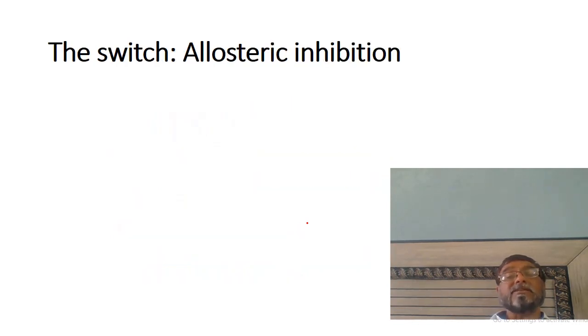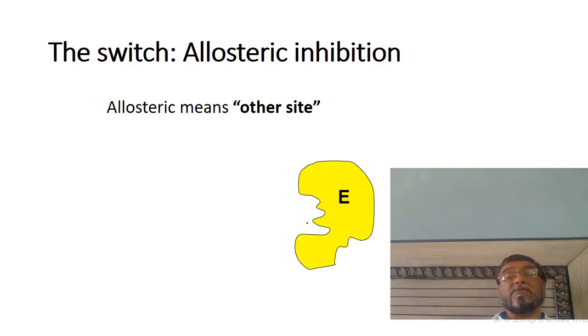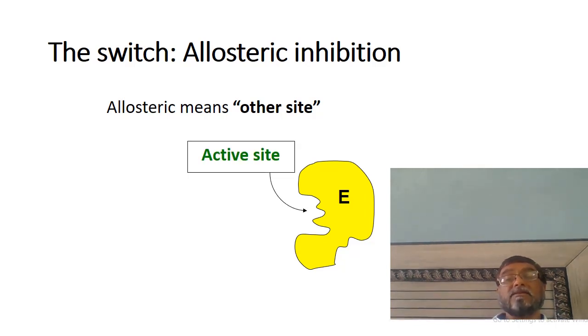The switch, allosteric inhibition. Sometimes the inhibition process is of the allosteric type. Allosteric, as I have told you in previous lectures, means the other site. This is the active site, and this is the allosteric site.